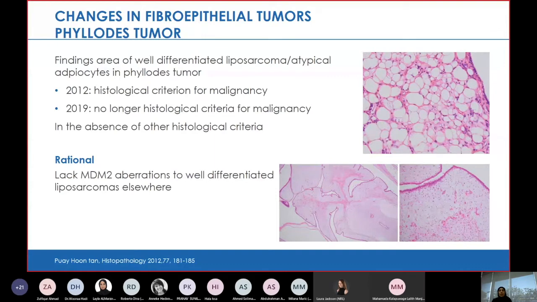So you need to find other histological findings, whether it's increased mitosis, infiltration, or high-grade atypia, to call it a malignant phyllodes tumor. And the reason behind this is that these areas of well-differentiated liposarcoma or atypical adipocytes in what looks like a benign phyllodes tumor lack the MDM2 aberration that we see in well-differentiated liposarcoma elsewhere, and the consensus is that these areas have no ability to metastasize.